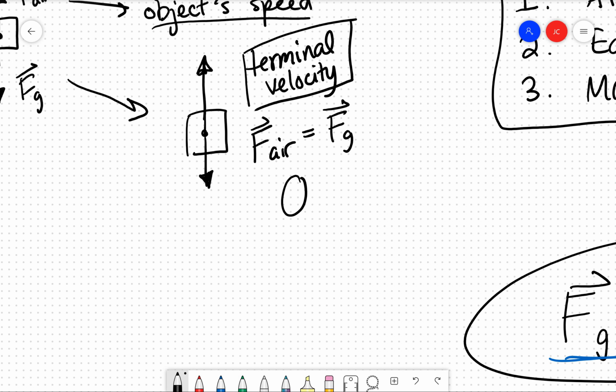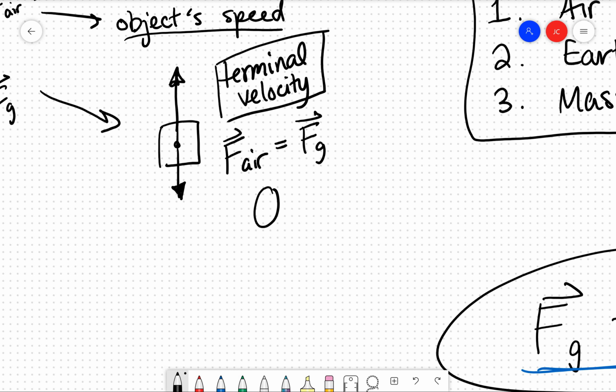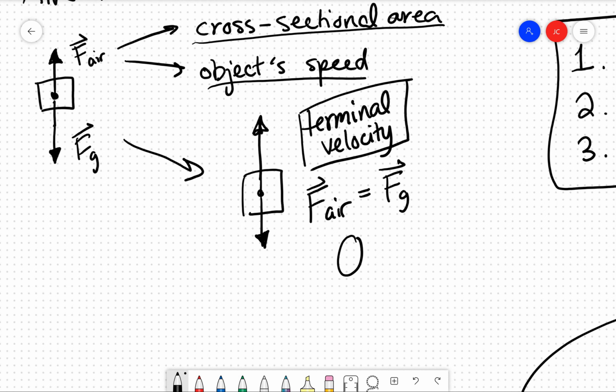It's going to move along like this for a little bit, but every time it does this, it continues to accelerate at the force of gravity. It's in its constant velocity, and now it's going to move out of terminal velocity, and you're going to get a phenomenon now which happens kind of in reverse.